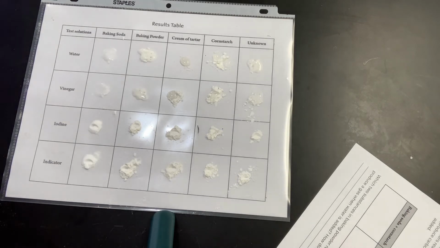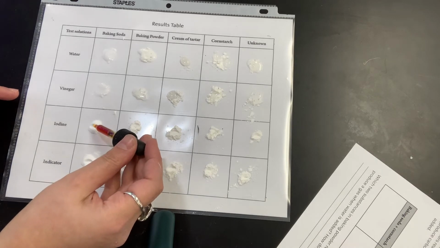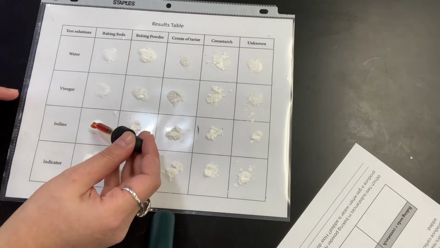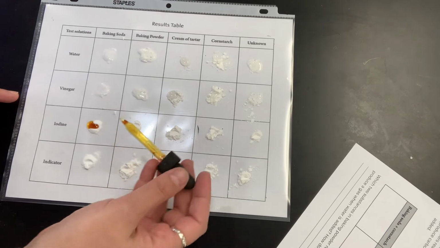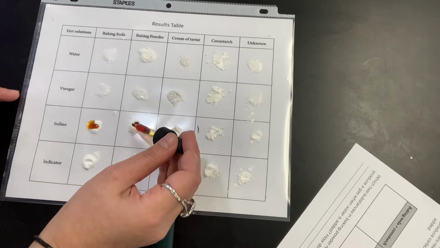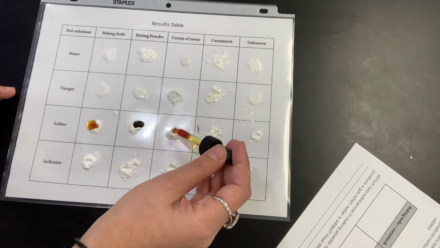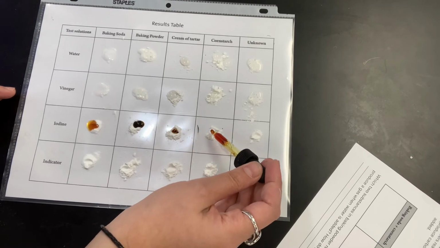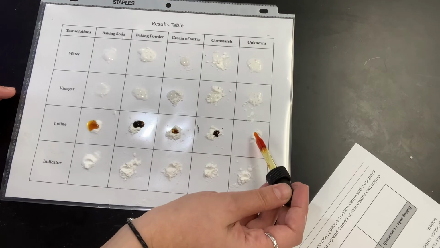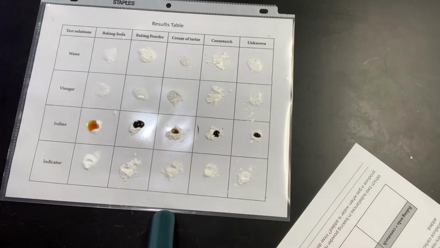Okay, let's go for iodine. Iodine is often used in first aid in hospitals as an antiseptic to kill bacteria. Oh, okay, got some color change. So we got color changes in some of these.